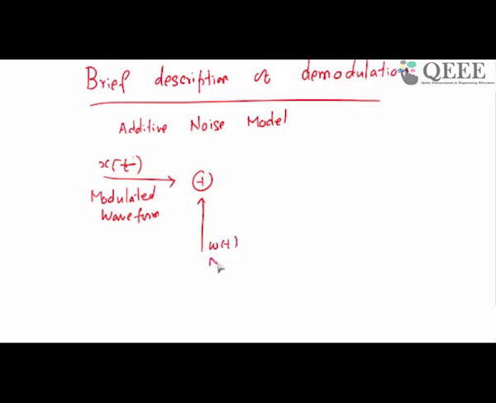So w of t is my noise, and what you receive is this signal which is corrupted by noise. So this is additive noise, and this is your received signal.